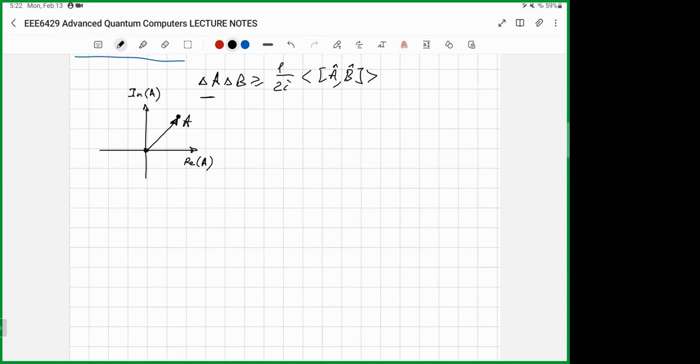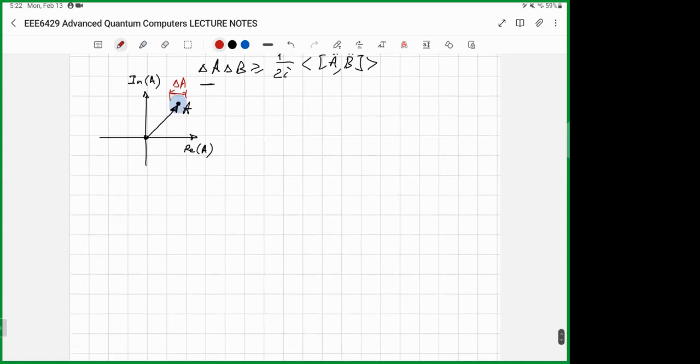But in quantum mechanics, since we cannot measure this quantity with 100% accuracy, it gets some area around it, with the width of this area equal to delta A. This is basically the dispersion of this quantity A.